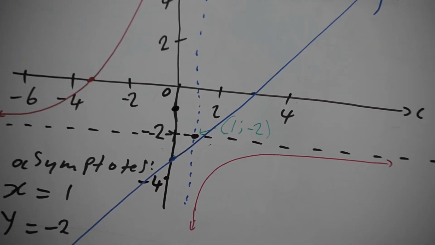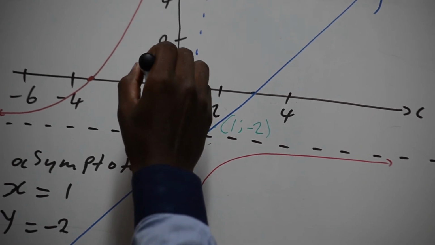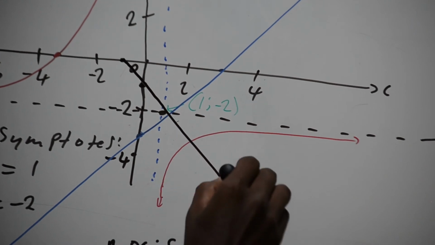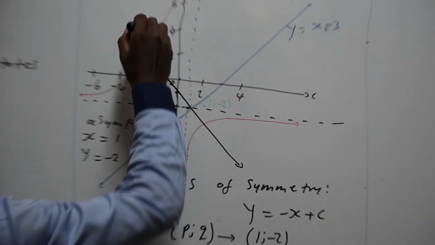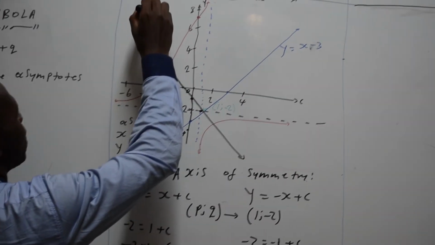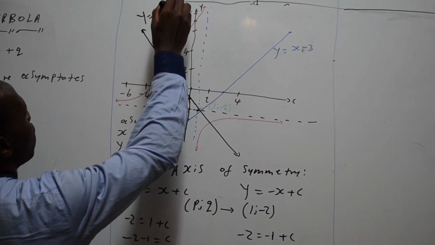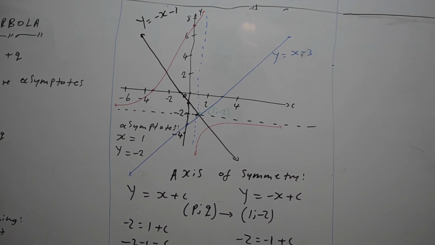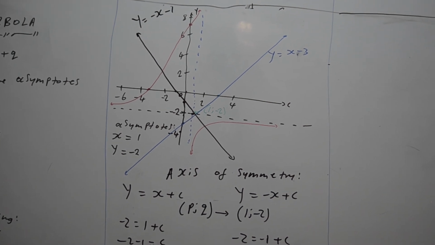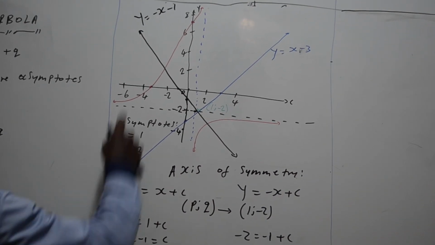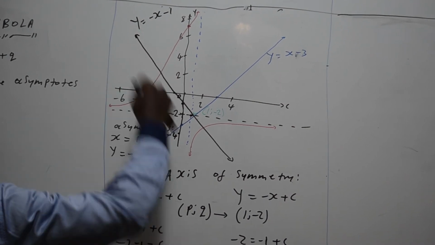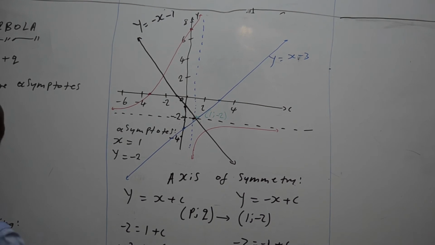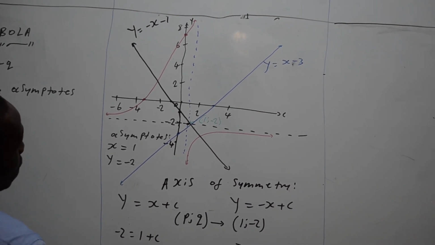When x crosses this side, it's minus 1. The graph goes through here too. Don't make mistakes. I just want you to see it. So these are the equations of the axes of symmetry of the hyperbola. These two are the symmetry equations, and these are the original equation, which we can call f of x.